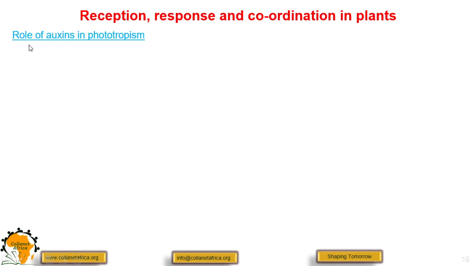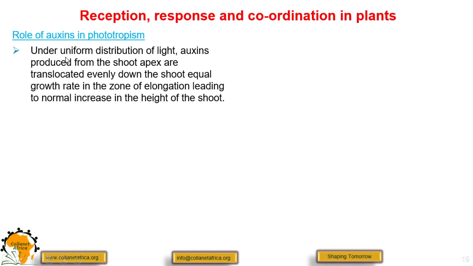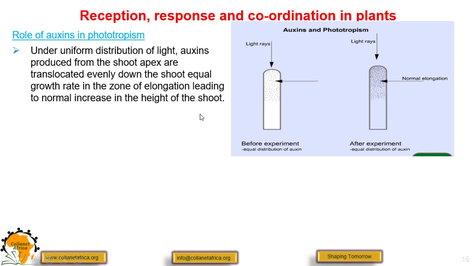Let us now discuss the importance of this hormone called auxins in phototropism. For instance, under uniform distribution of light, auxins produced from the shoot apex are transported evenly down the shoot, promoting equal growth rate in the zone of elongation, and that will lead to normal increase in the height of the shoot.